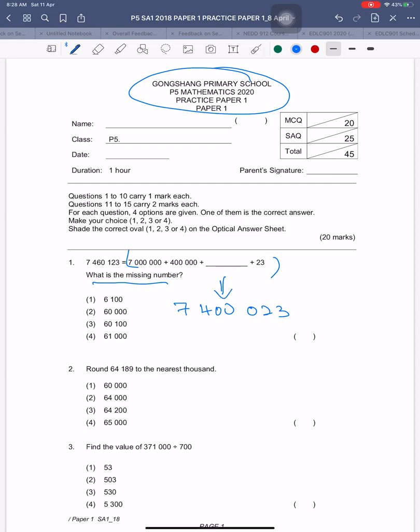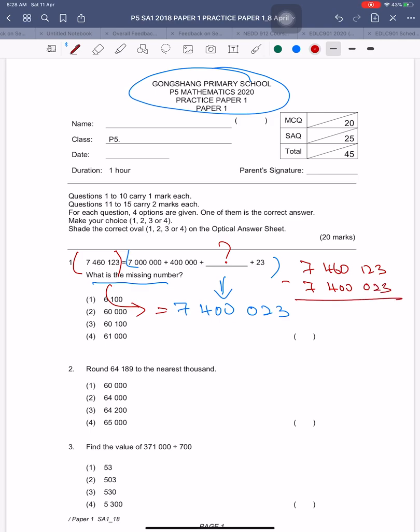So compare the right with the left. Then you will find what is the missing number. To find the missing number, just get the number on the right minus the number on the left.